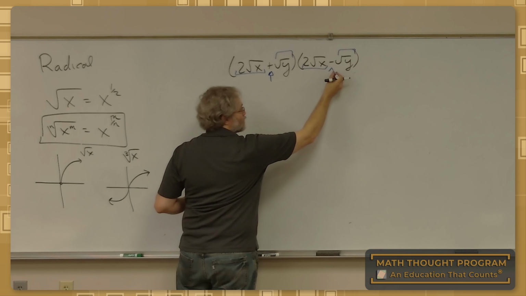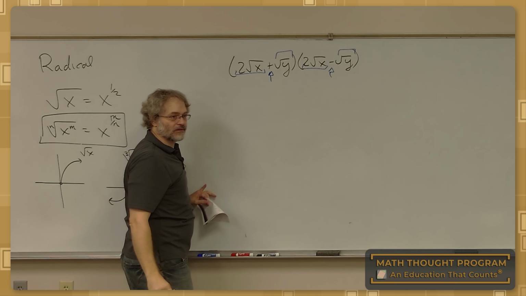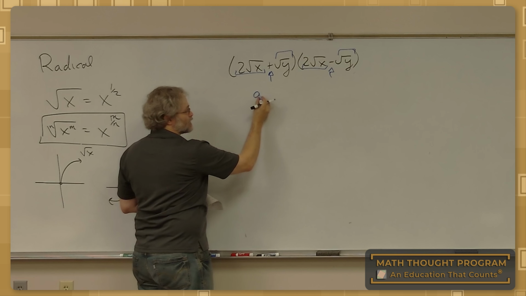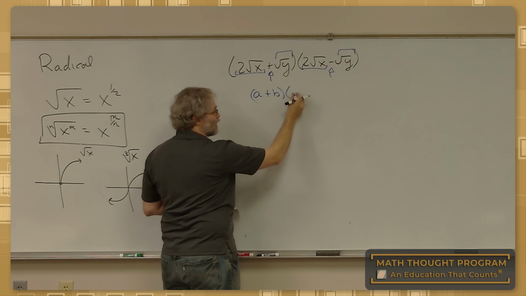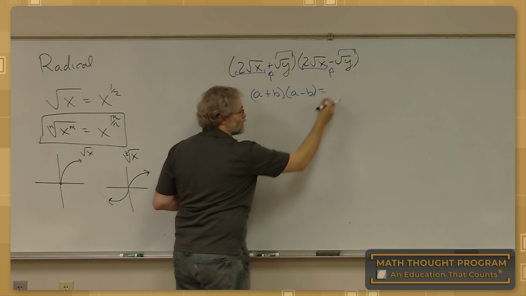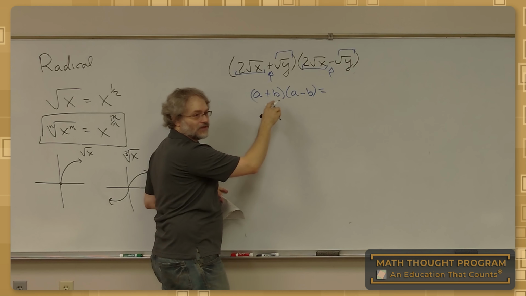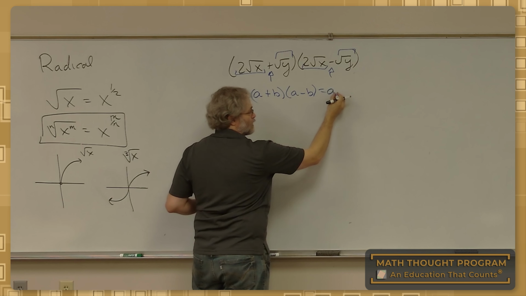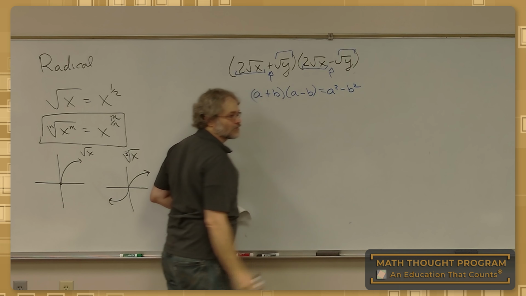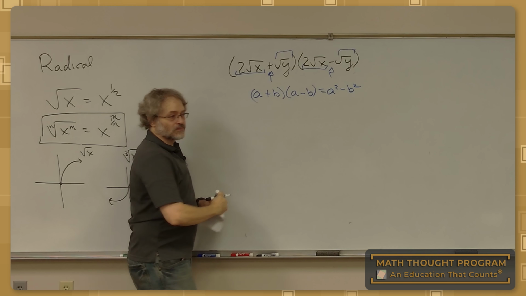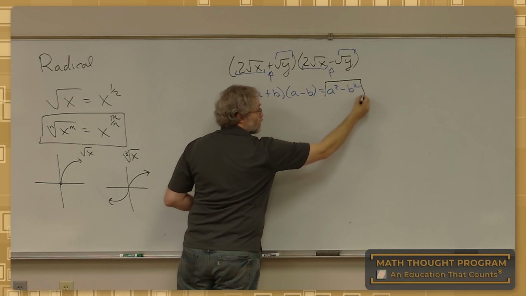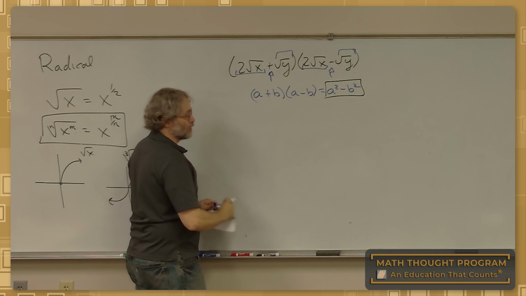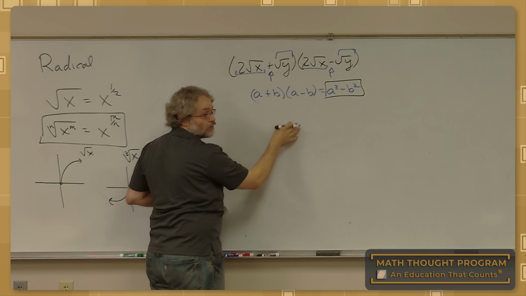One's positive, one's negative. And when I see this, I jump for joy because I have a pretty good idea how to speed through this calculation, because I know something called the difference of squares and how it factors. So I know the end game, so instead of expanding it out, go to the end game. Take it and plug it in.